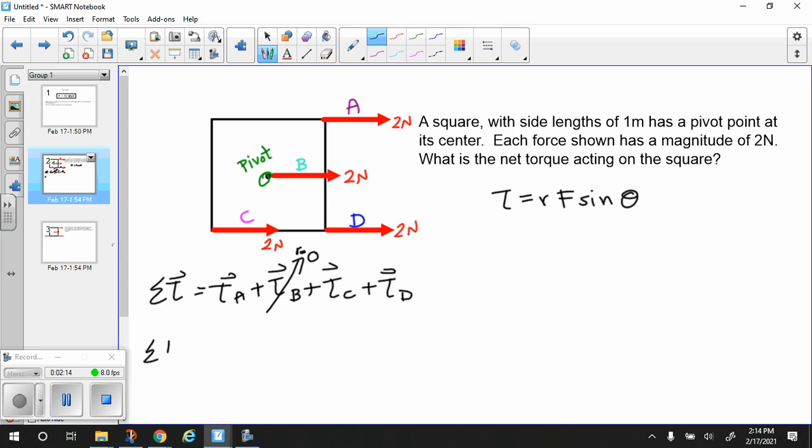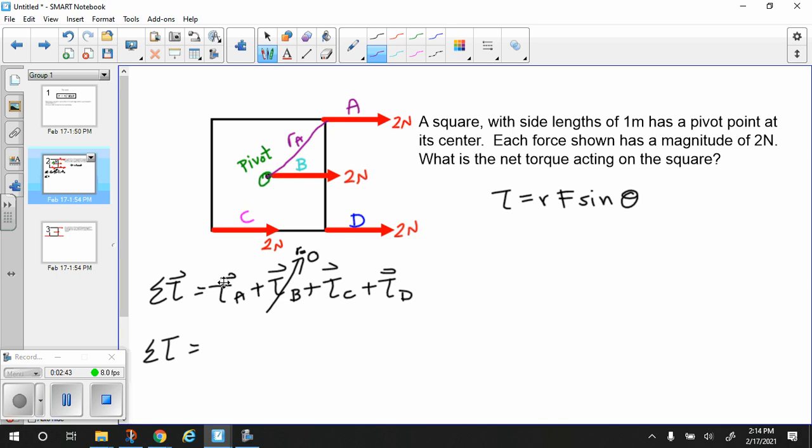So we're going to write our net torque equation, and we're going to start with torque from A, which I'm going to do in purple. And here's radius A. And we can see that this is a 1 meter square. So if this is a 1 meter square, then this length of this triangle here is 1/2. This is 1/2. So this would be square root of 2 over 2.